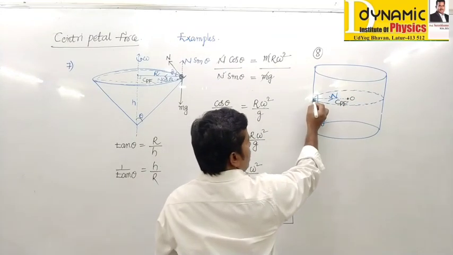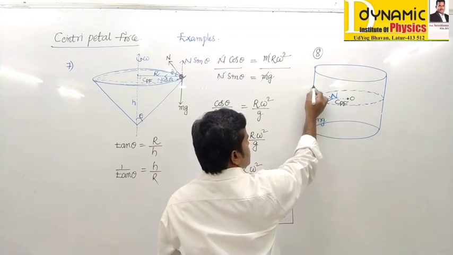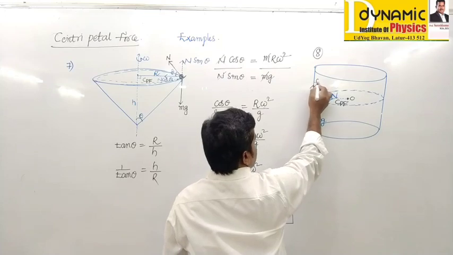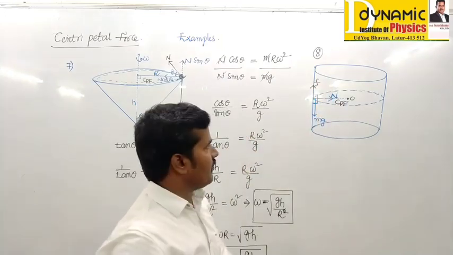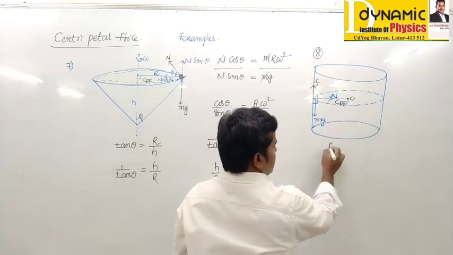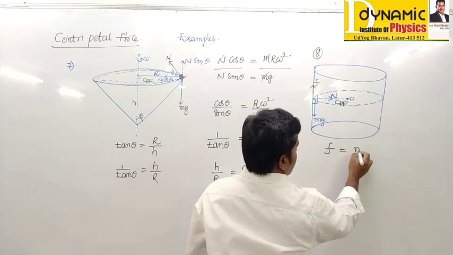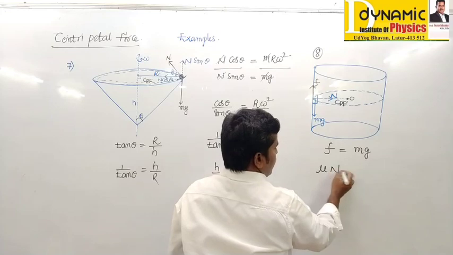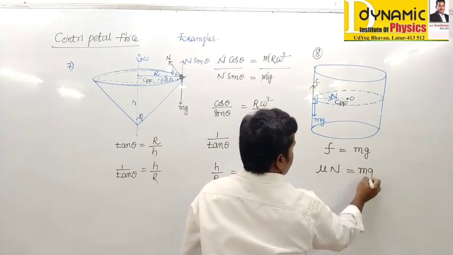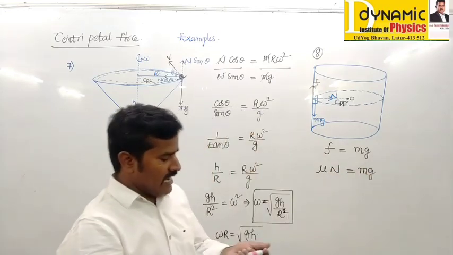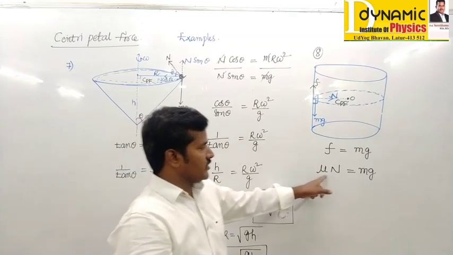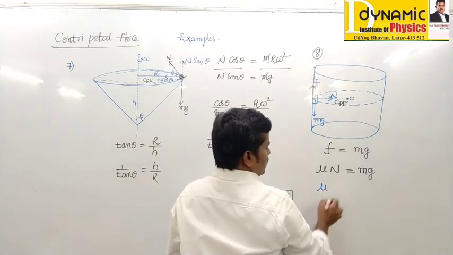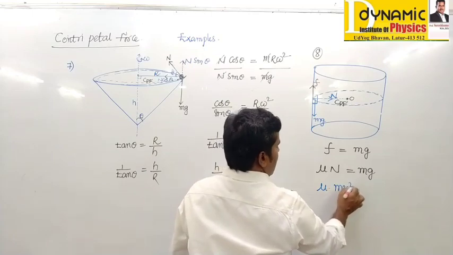And here the block does not fall, which means friction is acting vertically upward. Friction F equals mg. You know that friction is written as mu N equals mg, where friction equals mu into N. So N is written as mu into mv square by r.